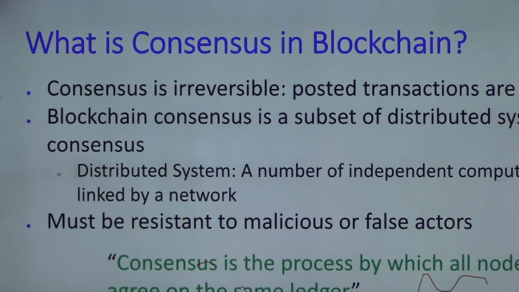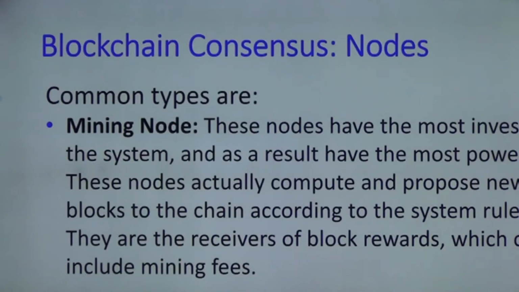If you think about it, it's a very challenging problem. Okay, that everyone is not talking to anybody and still has the same copy of the ledger is a very challenging problem.